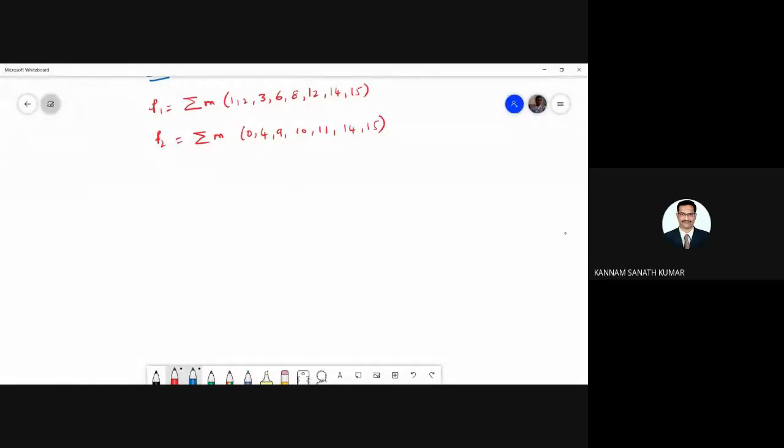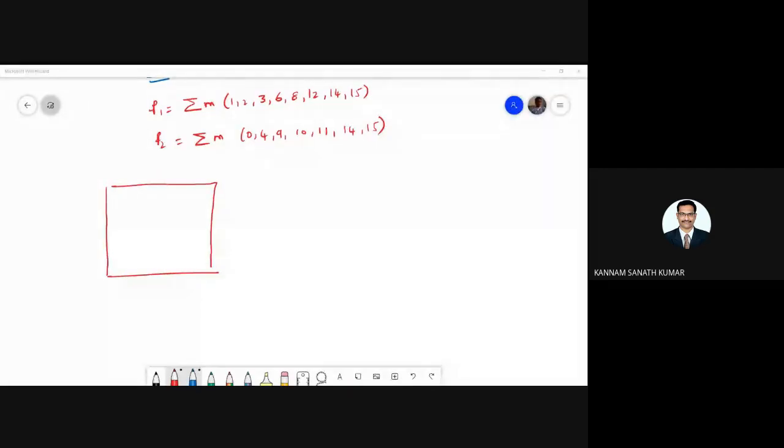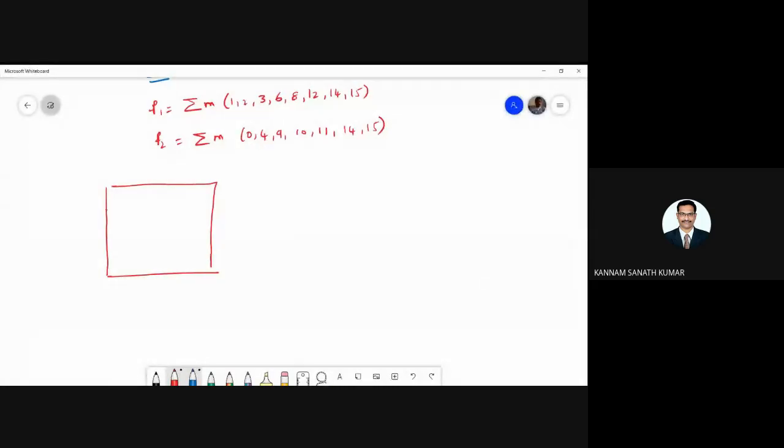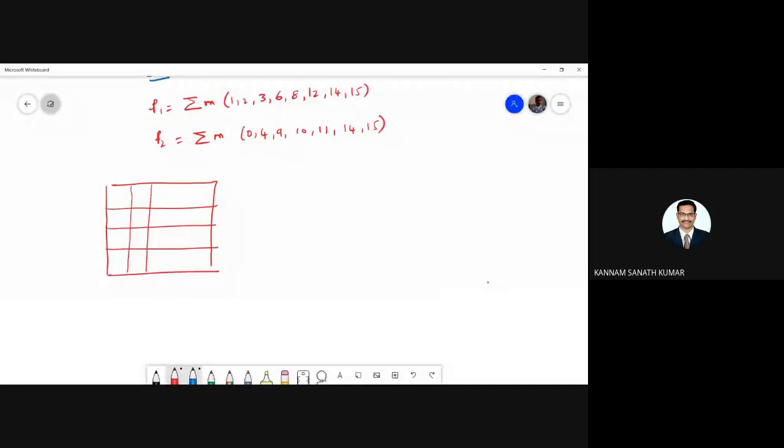So, see the K-map for F1. Directly you need to remember: if it is 0, that is the complemented form, and if it is 1, that is the true form for SOP.